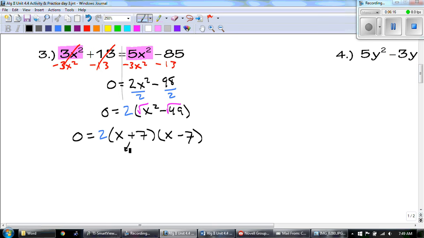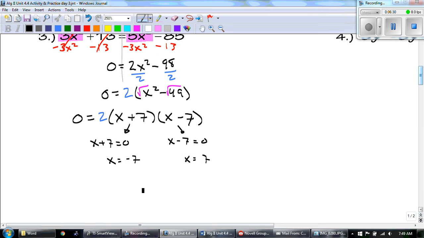And then we have to solve. So everything with a variable gets set equal to 0. And we get that x equals negative 7 and x equals a positive 7. So my final answer, putting it in order, negative 7 or positive 7.